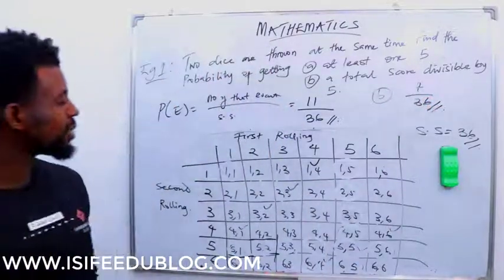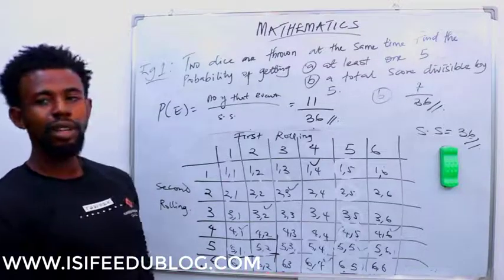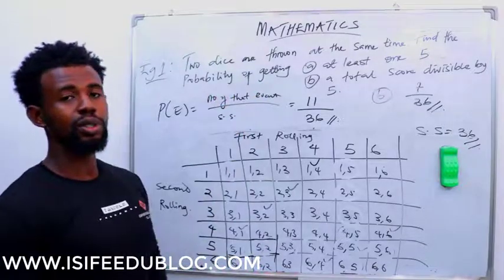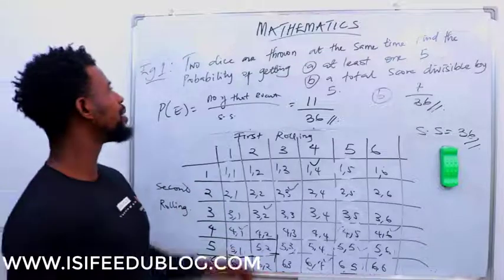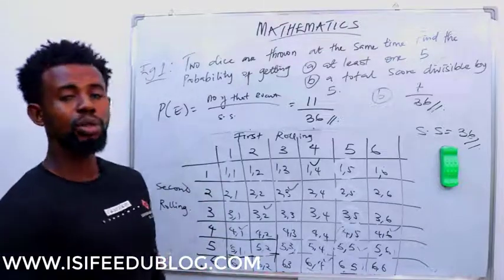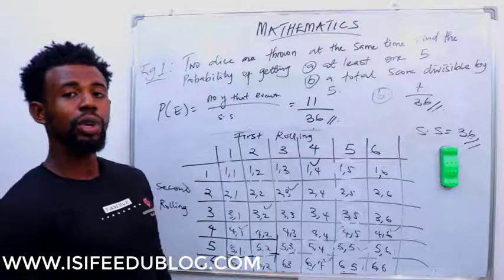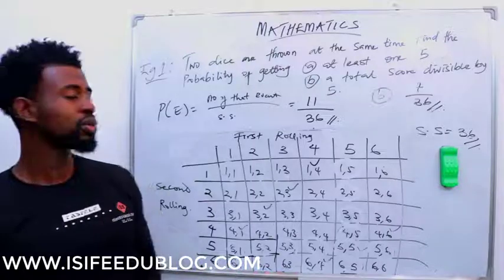Okay? So this is how important our dice table is. Believe me, without this dice table, you will not be able to solve these questions. Okay? So you use a dice table whenever you have 2 dice being thrown simultaneously, or where you have a dice being thrown 2 times.